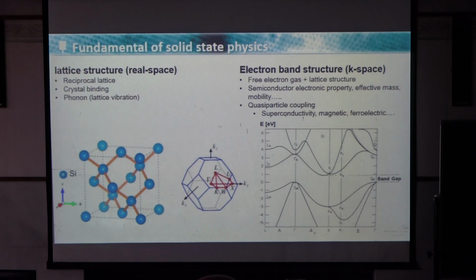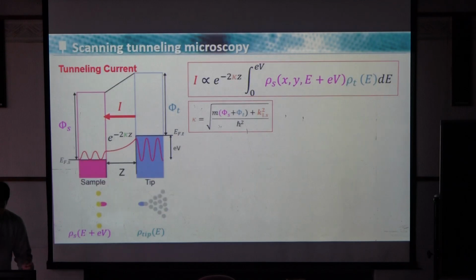In solid state physics, if you want to know about a new material, first you may want to find the lattice structure of the material, and you also want to know the electronic band structure, because it allows us to know the electronic property when we want to use it. In our lab, we focus on scanning tunneling microscopy, which is based on the tunneling effect.